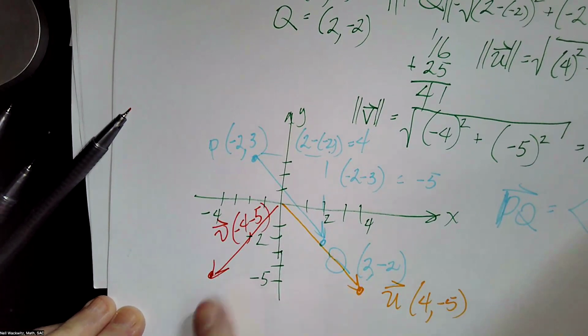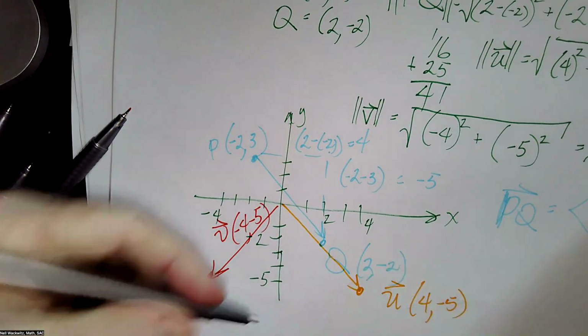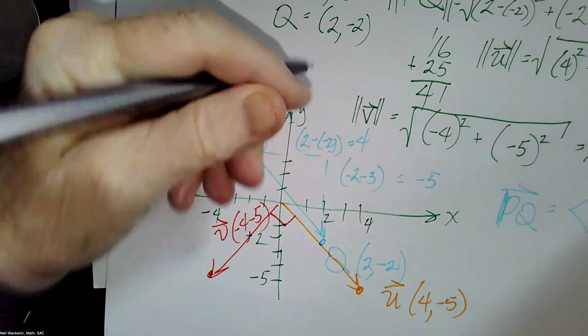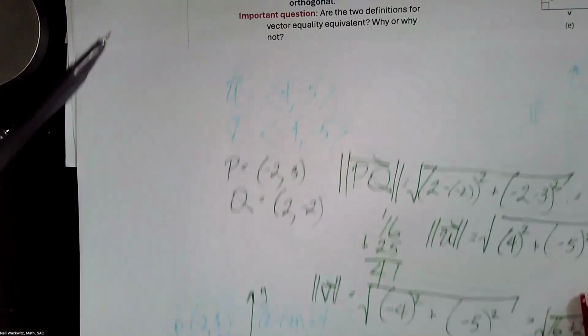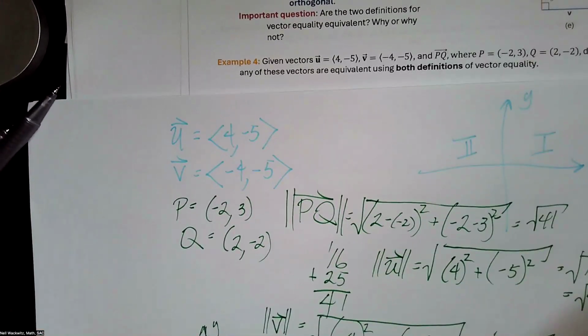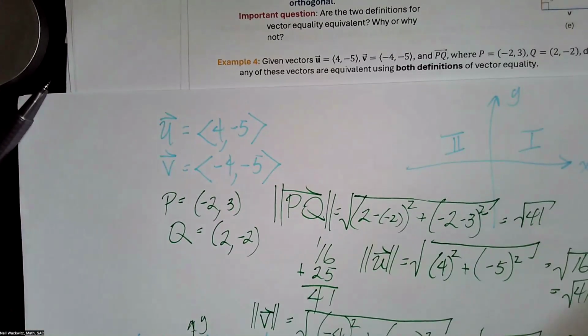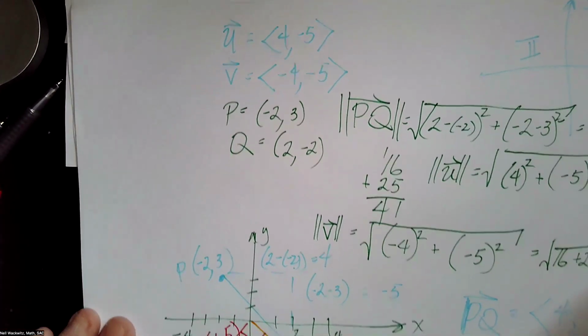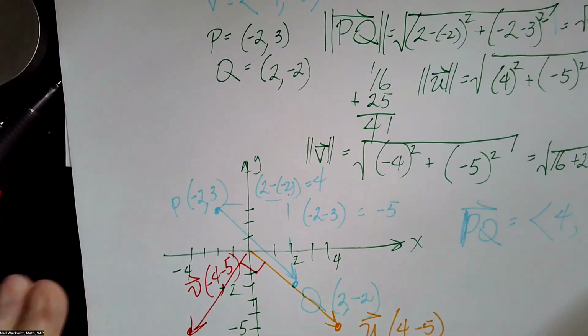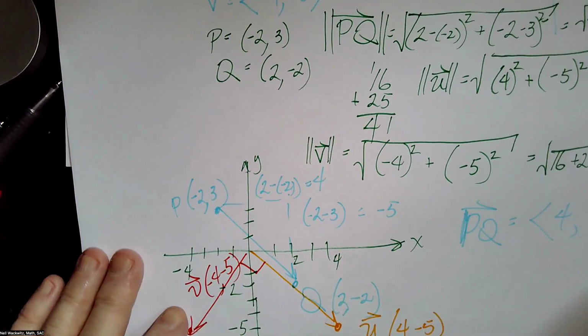So we can see that it looks like they're at right angles with one another. Next class, we'll get to do something called the dot product, which will enable us easily to find the angle between vectors.